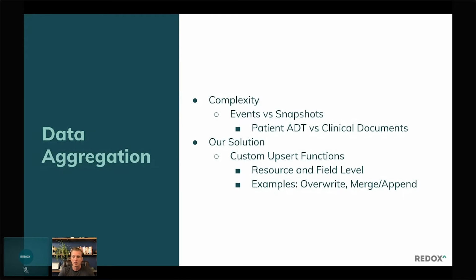Some you may apply a merge or an append onto the field or the resource as you get those events. And it really depends on the resource and the event itself. So all events essentially can't be treated the same, and that caused some complexity that we had to solve with these upsert functions.